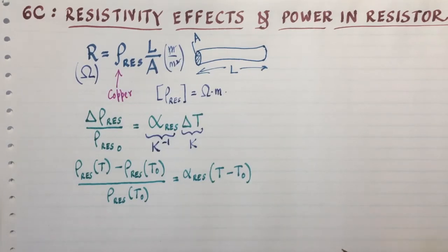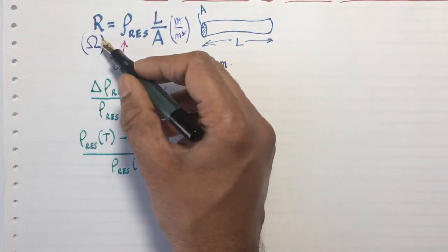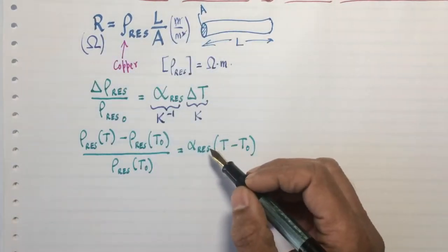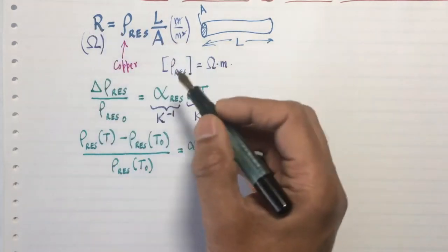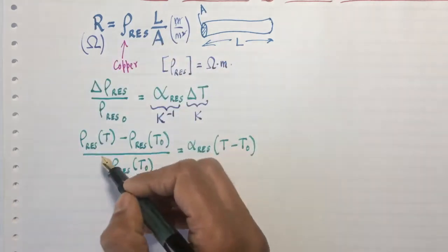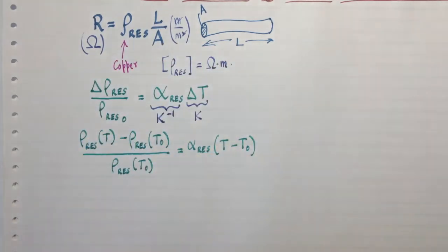In one of the labs, I'll give you data for resistance as a function of temperature. Now because resistivity can be written in terms of the resistance, you can also think of this equation as providing you data of how resistance changes with temperature.